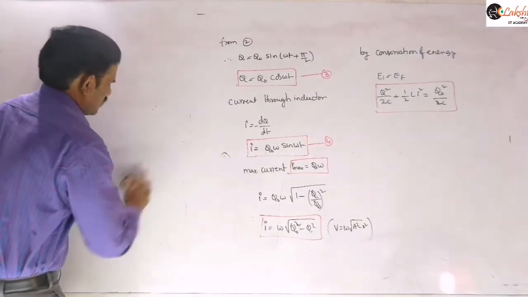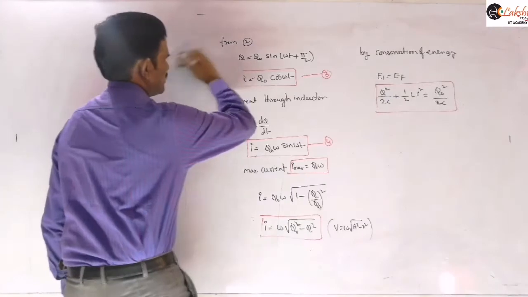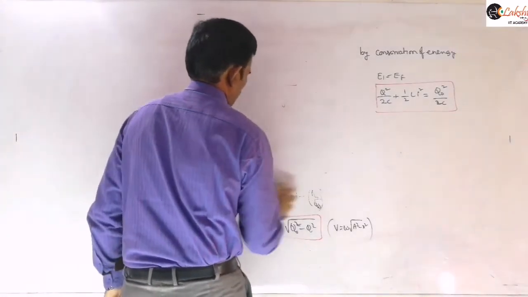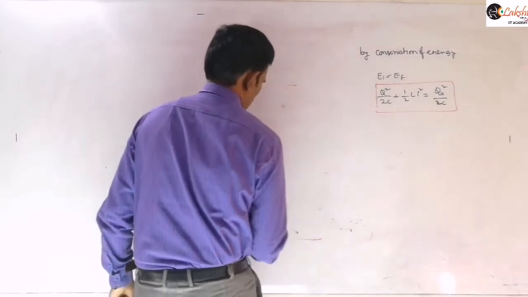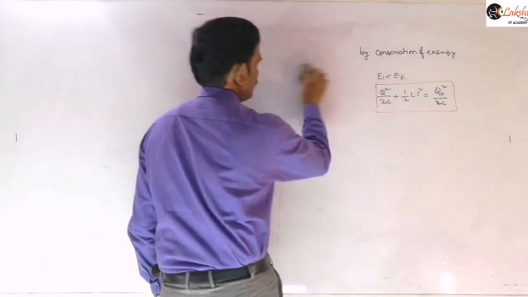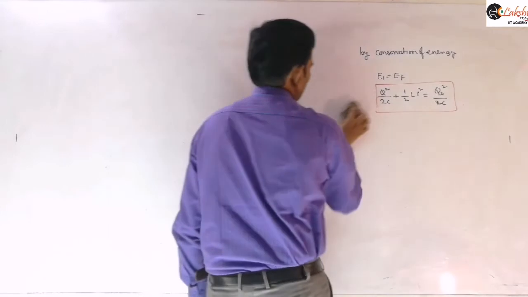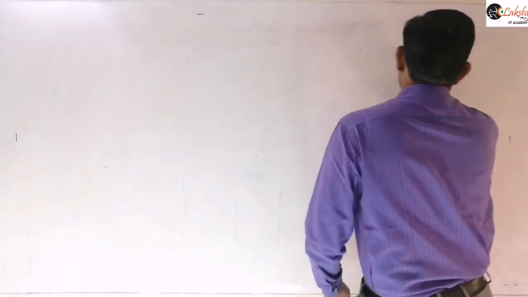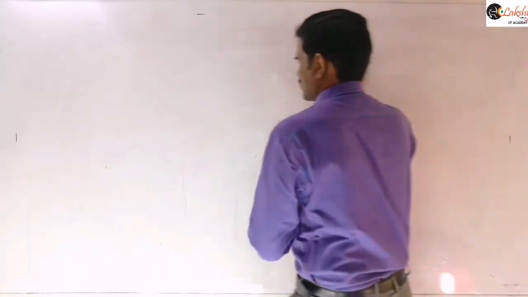Mechanical oscillations means a block is connected to one end of a spring, the oscillations of a spring block system. Most of the problems you can solve by using the conservation of energy equation, which is important in this.